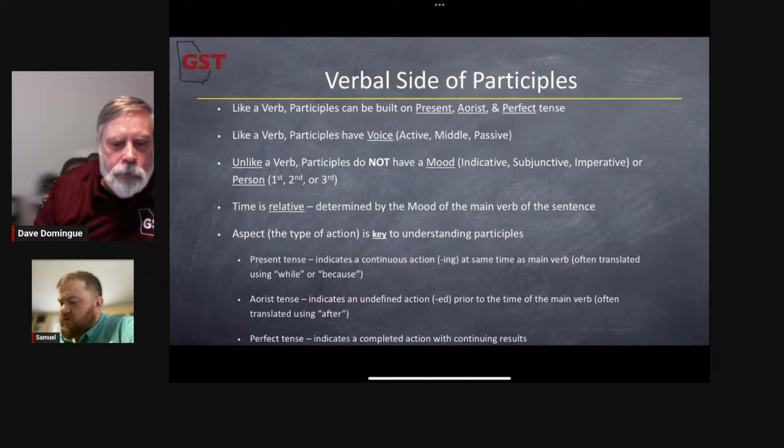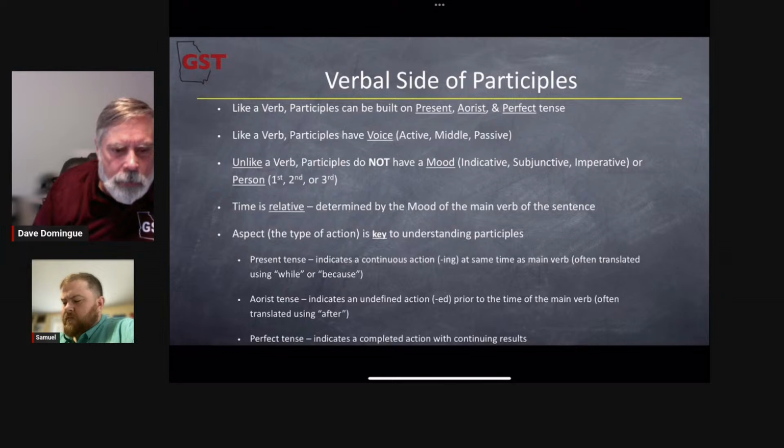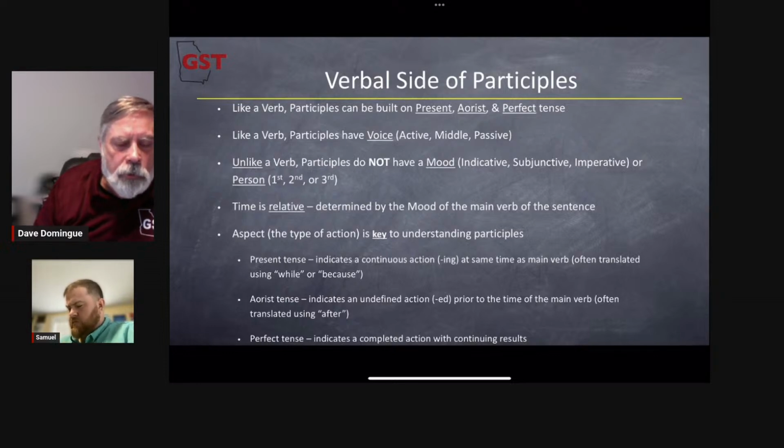It's a relative time to the main verb, right? And depending upon whether it's imperfective, if the participle's in the present tense, it's generally imperfective, which means what kind of action. Excuse me, I've jumped from time to action. If it's imperfective, it's in the present tense, and it's normally referring to a continuous kind of action.